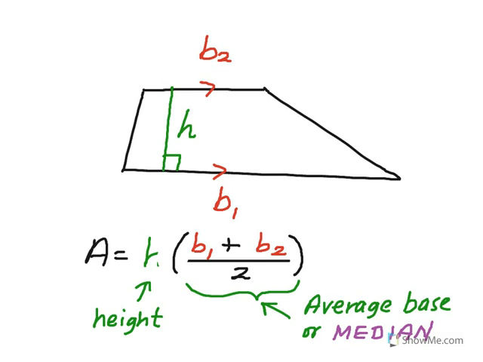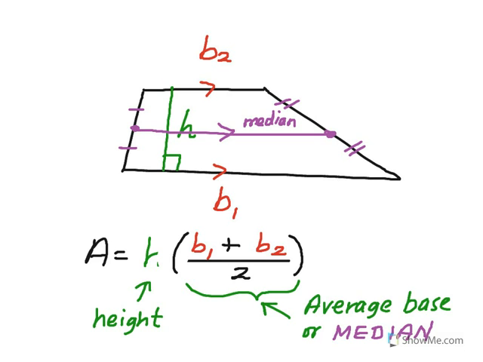And you might remember from previous lessons that the median is parallel to the two bases, and is actually the average of the two base lengths. So if you add them up and divide by 2, that's the length of the median. And it happens to bisect each of the two other sides.